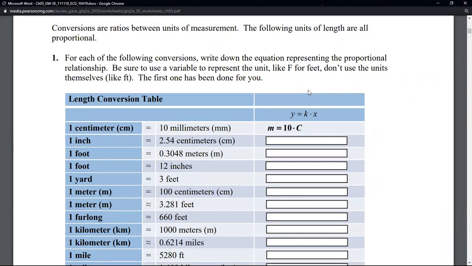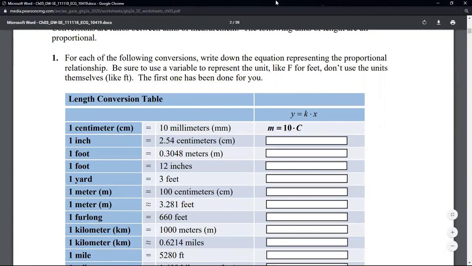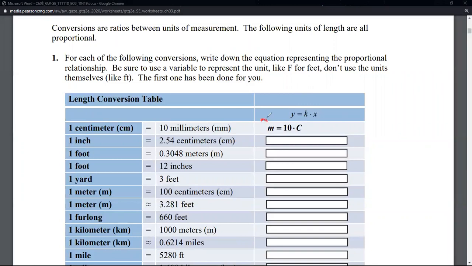Remember that k could be two different values. It could be 10 or 1/10 in this instance, depending on which way you have it solved. If you're solving for the m, which is millimeters, kind of poor notation, c is the centimeters, but at least that's a good clue, you could find the number of millimeters by taking 10 times the number of centimeters, because 1 centimeter is 10 millimeters. So that's how you get this.